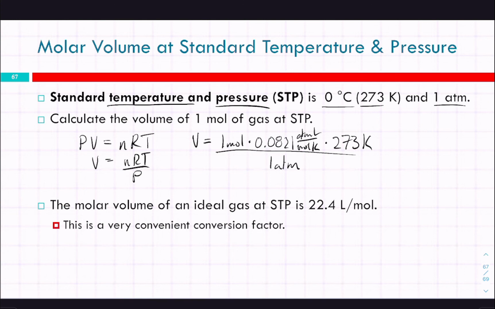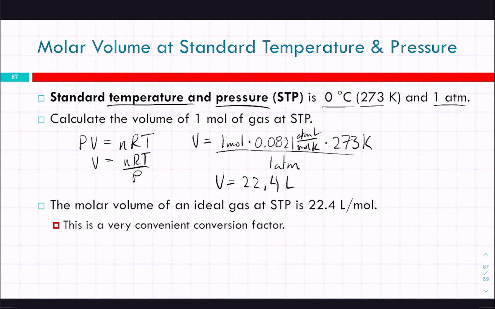So we'll have 0.0821 times 273. So the volume of 1 mole of gas at STP is always 22.4 liters.